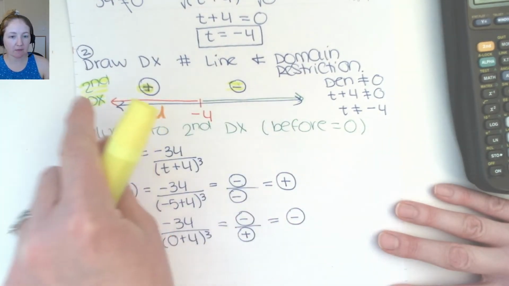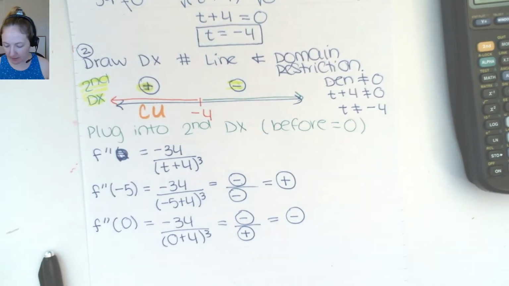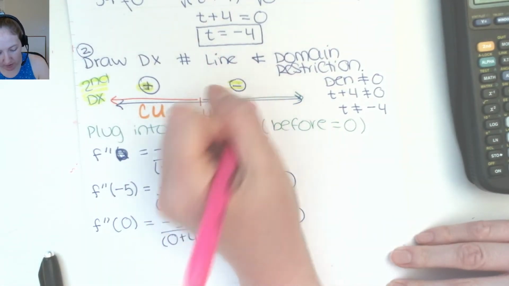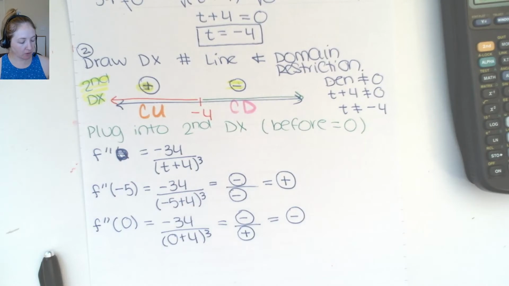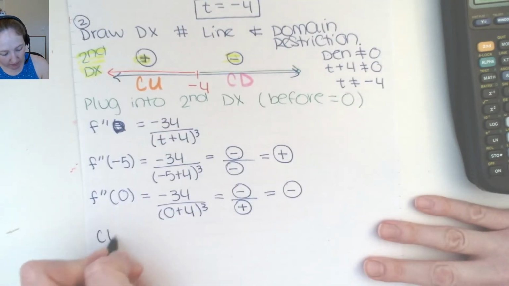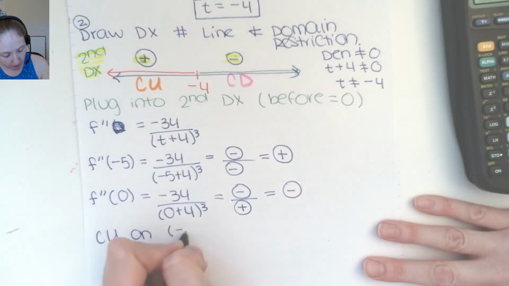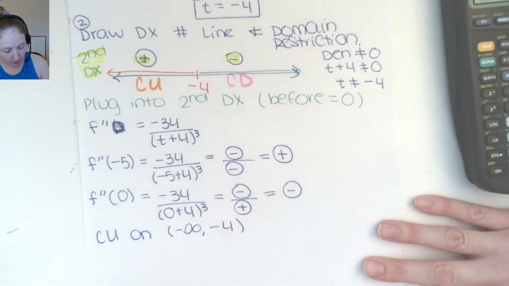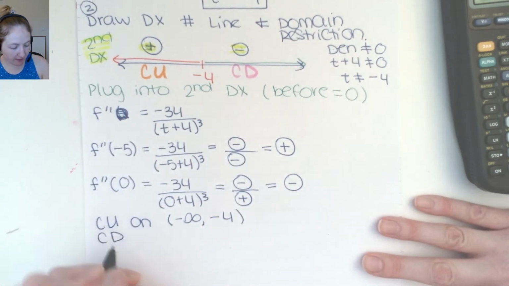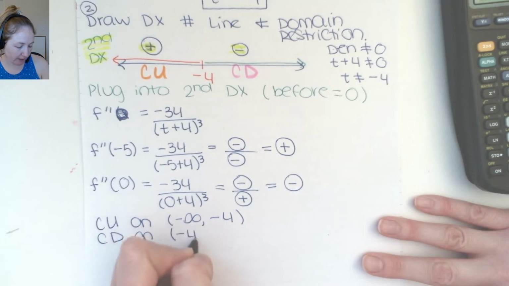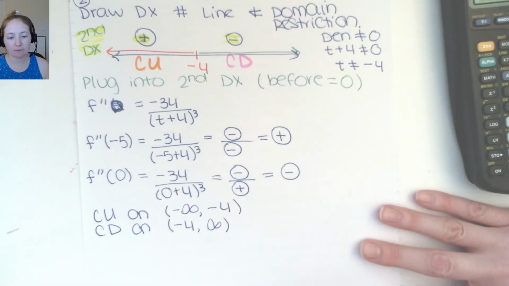Because we're looking at the second derivative, that negative tells us that we're concave down. So what we would say is we're concave up on the interval negative infinity to negative 4, and concave down on the interval negative 4 to infinity.